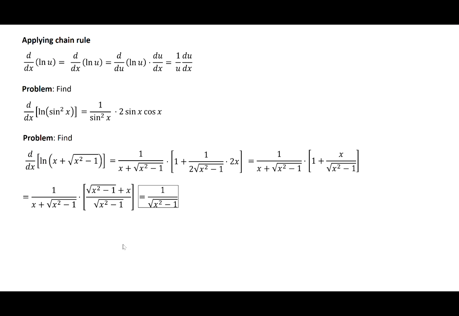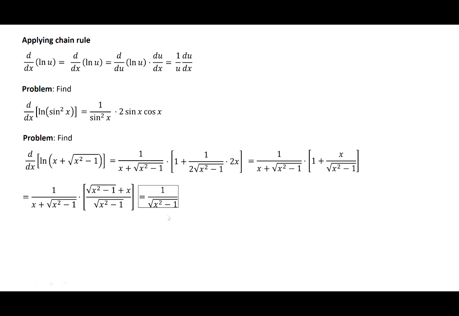Now, based on that concept, the derivative of natural log of x plus square root of x square minus 1 is 1 over square root of x square minus 1. So the antiderivative of 1 over square root of x square minus 1 turns out to be this natural log of x plus square root of x square minus 1. You don't need to memorize this, but I'm just giving you a heads up.